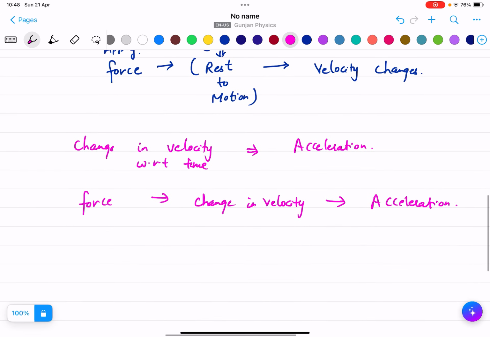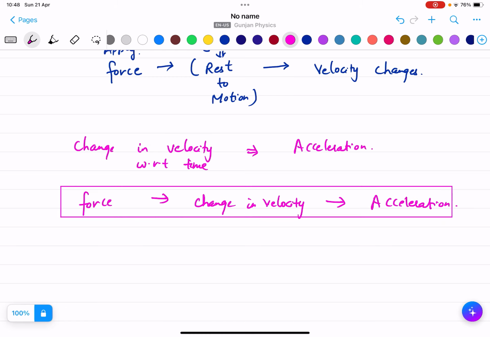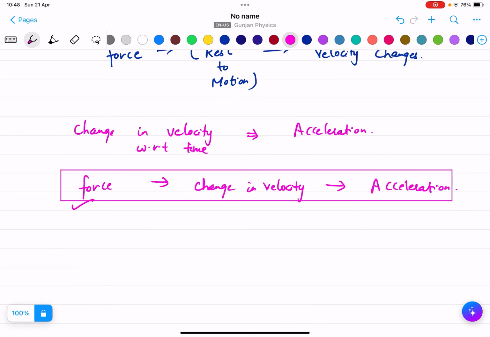You understand this? So this thing you need to remember. We will write the statement of Newton's second law of motion after I explain everything. So I am applying force, there is a change in velocity and it is producing acceleration.